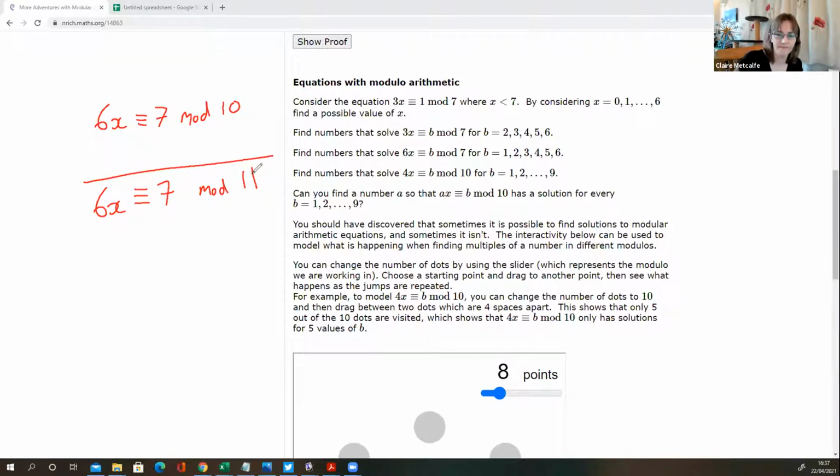Does that have any solutions? So again, you could start working through the 6 times table.